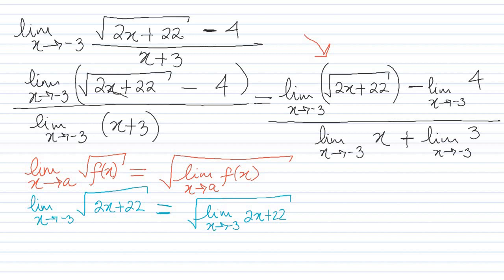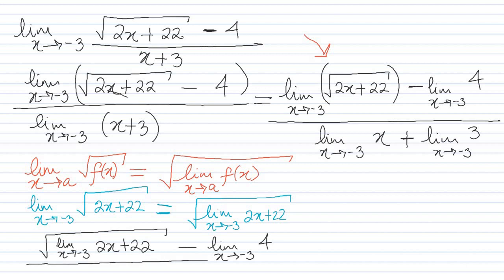We're going to substitute here, and then we have the square root of the limit as x goes to negative 3 of 2x plus 22, minus the limit as x goes to negative 3 of 4, divided by the limit of x as x goes to negative 3 plus the limit as x goes to negative 3 of 3.